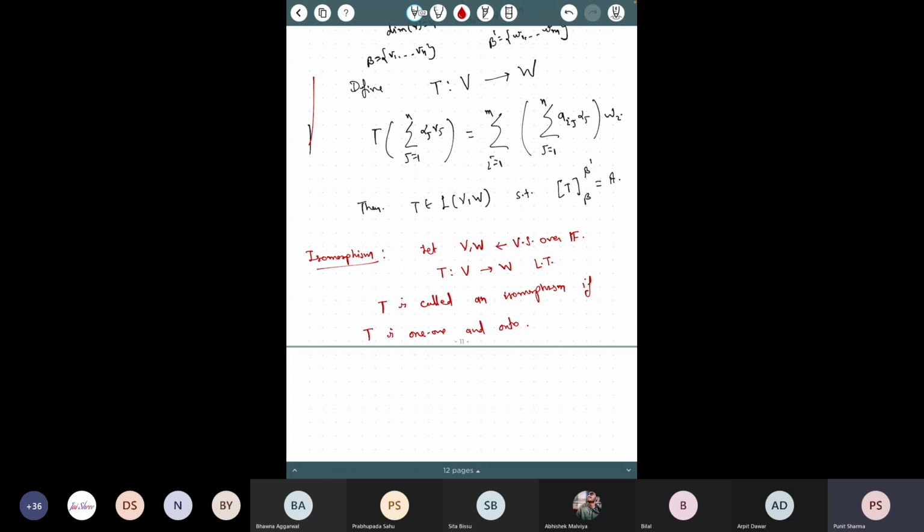And if this is the case, then V and W are called isomorphic. V and W are called isomorphic if there is an isomorphism from V to W.